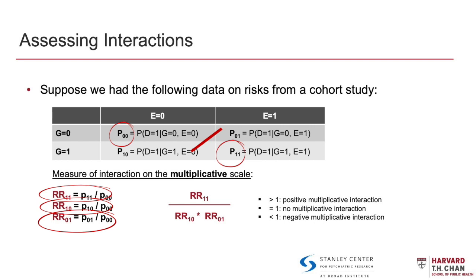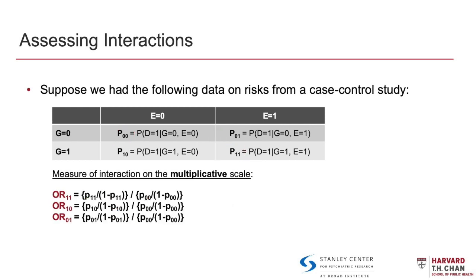Before we see that in an example, let's look at this in a case control study, where instead of a risk ratio, we have an odds ratio. We would do the same thing. It's not different from what we have done earlier, except we have to calculate odds instead of risk ratios. As you might recall, the way we calculate odds is we take the odds for a specific cell.